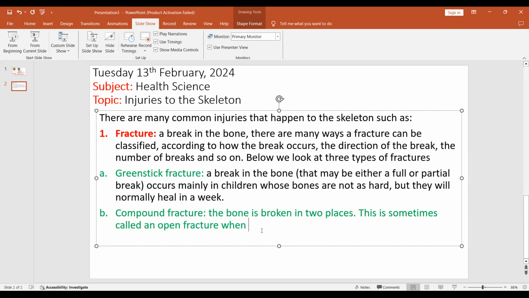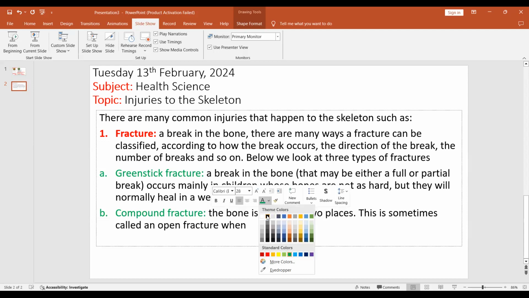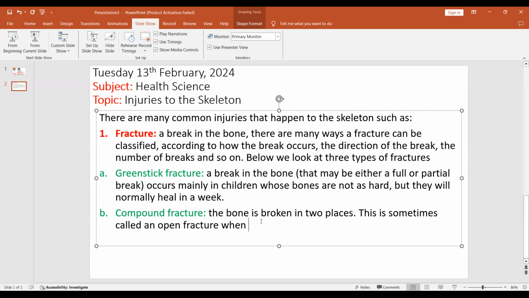Remember, when do we call something an open fracture? It's when the bone sticks through the skin, when you can actually see the bone come out. I've never seen that in real life, and to see that would be really intense.